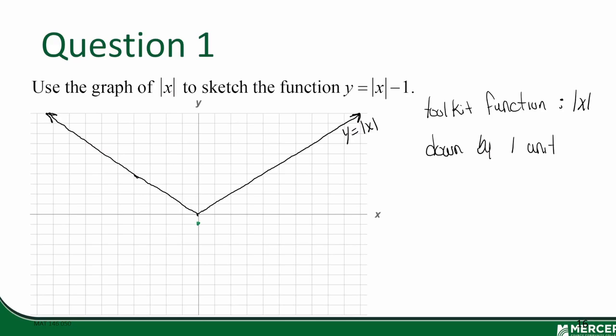Shift the vertex down 1 unit, and then the shape is identical. So something like that.